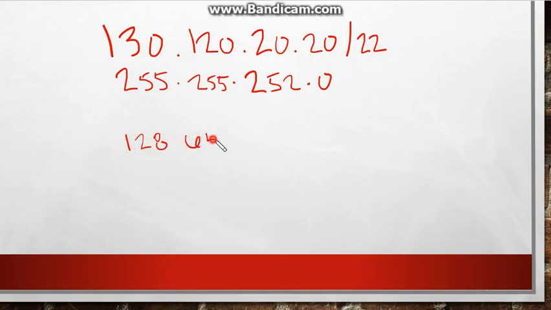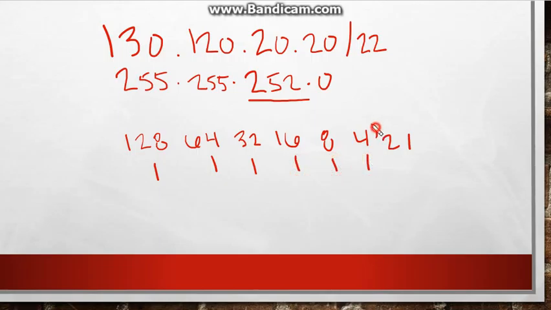If we draw our chart out: 128, 64, 32, 16, 8, 4, 2, and 1. We know that we stopped borrowing bits in that octet, and we borrowed 6 bits, so we just draw that out: 1, 2, 3, 4, 5, 6. And notice right there, 4 is our magic number or our rotator.